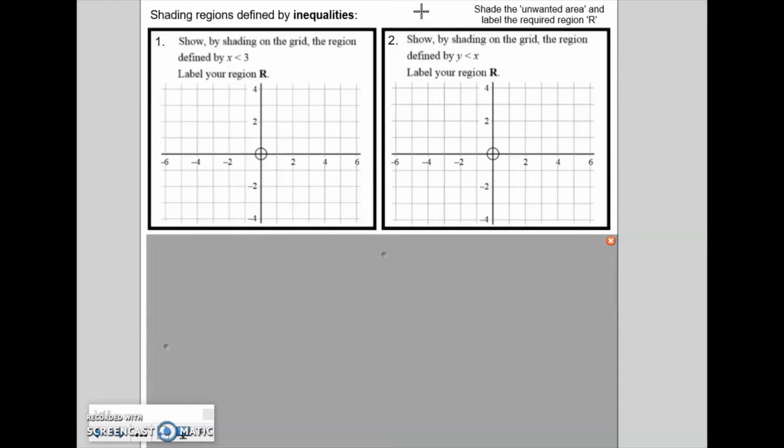In this question, we're shading in the area we do not want, and we are labeling the area we want with an R. Okay, let's have a look at question 1.